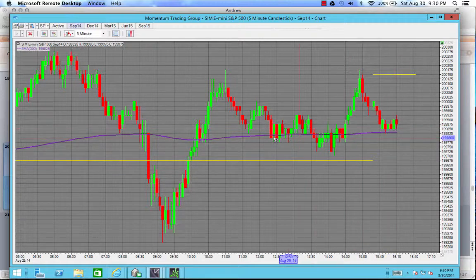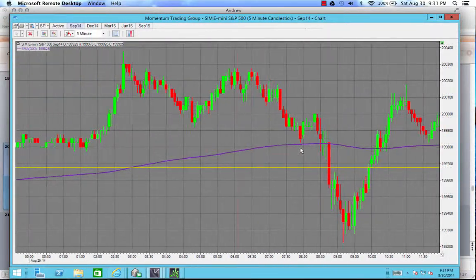So this line here actually equals the same thing as a 50-period moving average on a 30-minute chart. You can see when price broke above it through here, it acted as a support level, drifted a little bit temporarily, and then bounced off of that. So that is a major level.